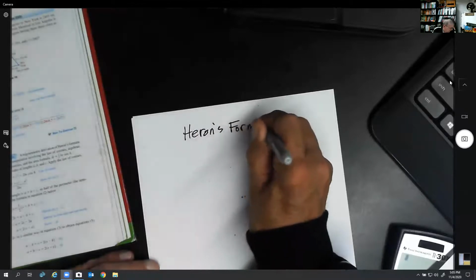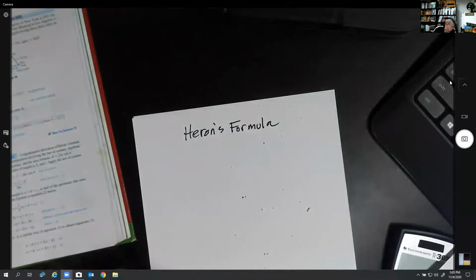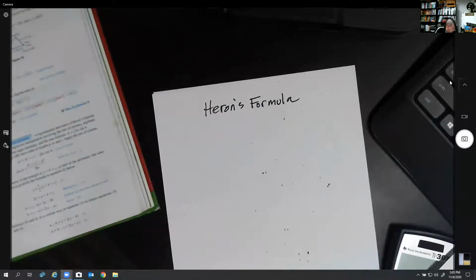This was developed by a king a long time ago. Sometimes they call it Hero's formula. It's named after the Greek mathematician Heron of Alexandria, who lived about 75 years. He was a king, and he came up with this formula.